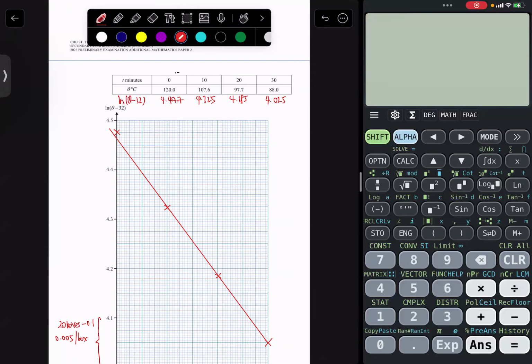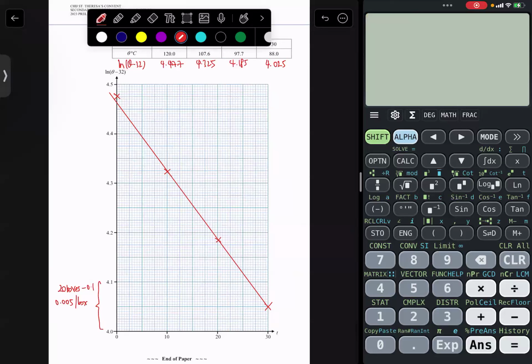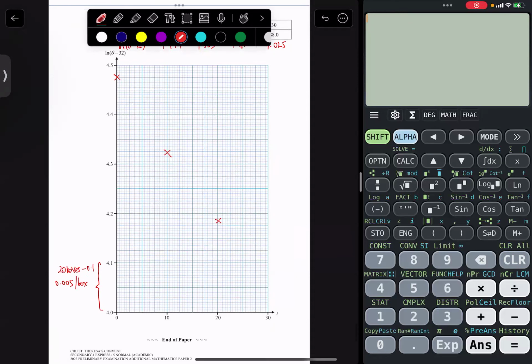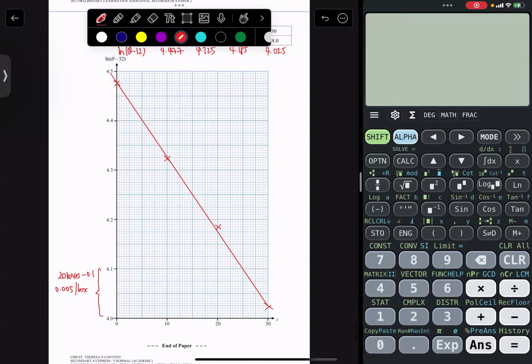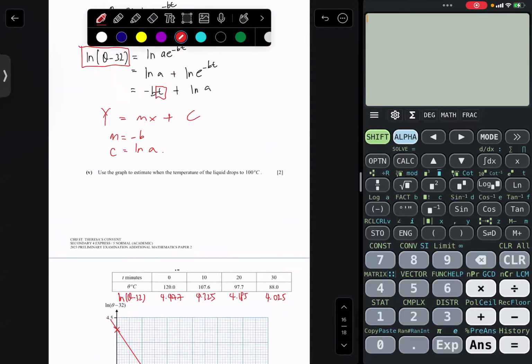And 4.025 is 5 blocks. Okay, and I think this should be better.